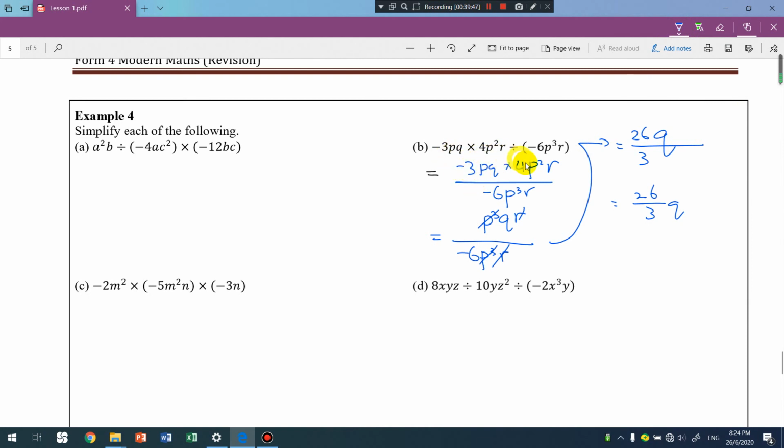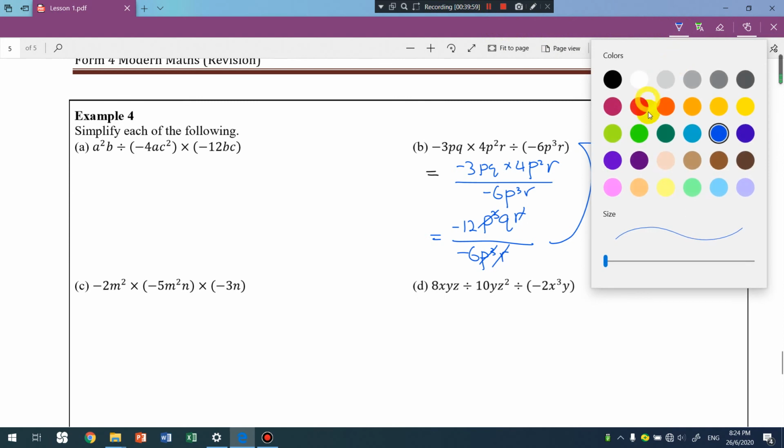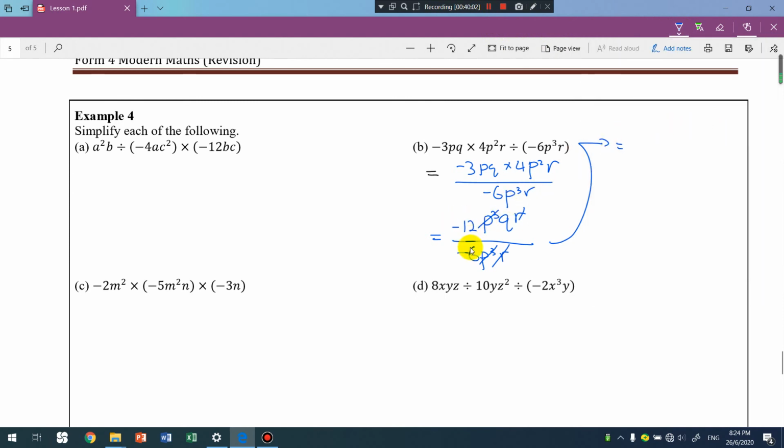So negative 3 times 4 will give you negative 12. So negative 12 divided by 6, so this is easier. So you get negative 2, no, negative divided by negative, you get positive, so 2, so 2q. These will be the answers.